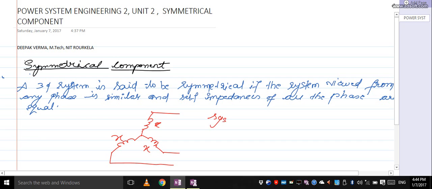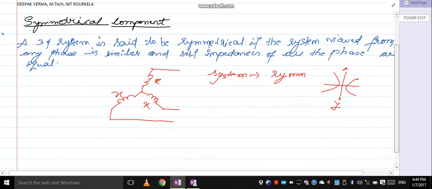So the system can be said to be symmetrical. Symmetry means, in general, you also know, it should be the same from both sides. Symmetry across, here in this case, is about the y-axis.